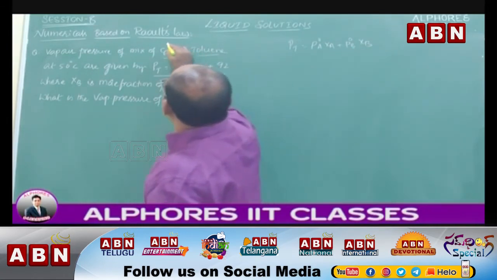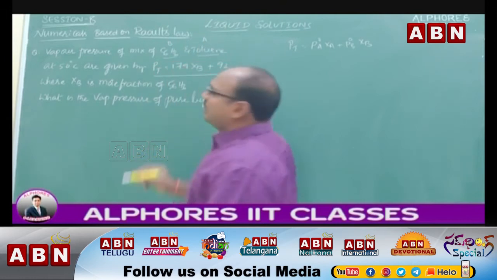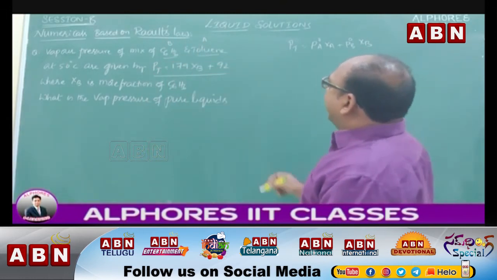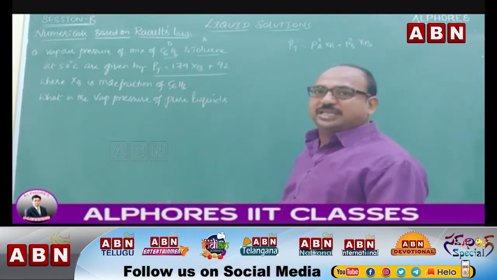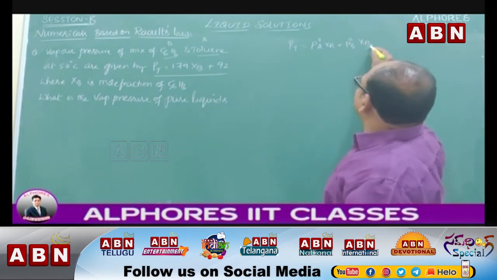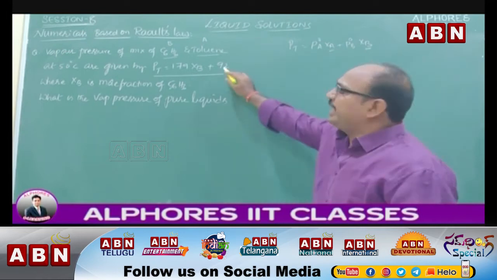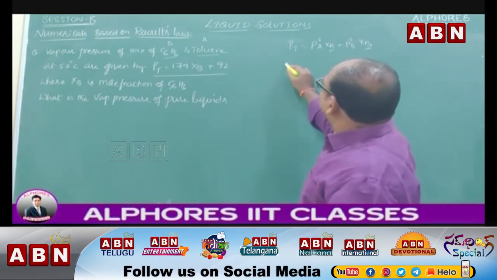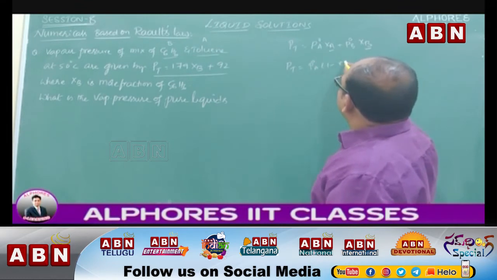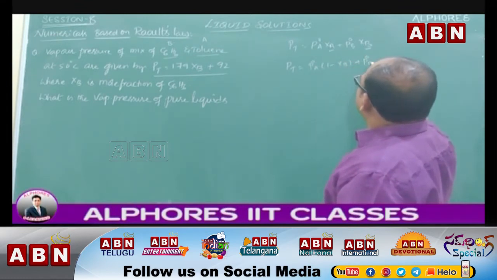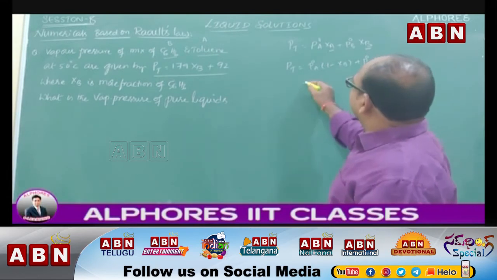Suppose here B is benzene, A is toluene, let us assume. In the expression Xb is there, meaning the mole fraction of benzene is there, but the mole fraction of toluene is not there. So we modify it as P naught A of 1 minus Xb plus P naught B Xb. Then what are we getting?